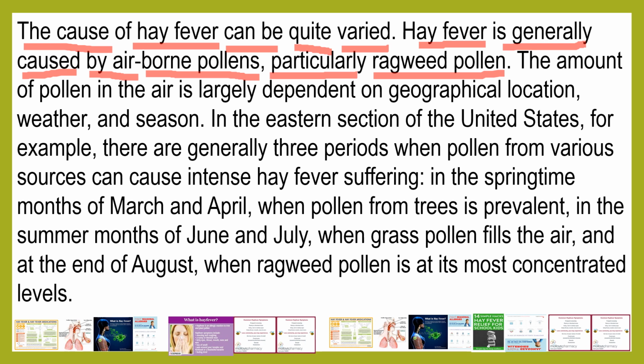The amount of pollen in the air is largely dependent on geographical location, weather, and season. Jumlah kandungan serbuk sari di udara sangat bergantung pada lokasi geografis, cuaca, dan musim.